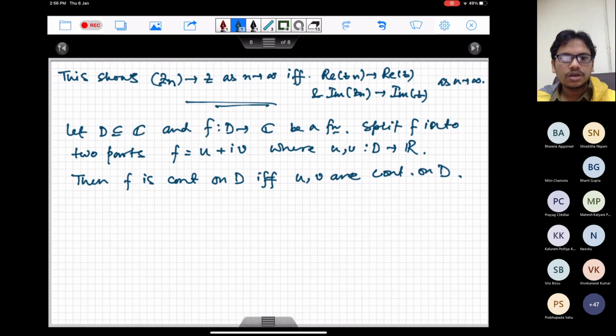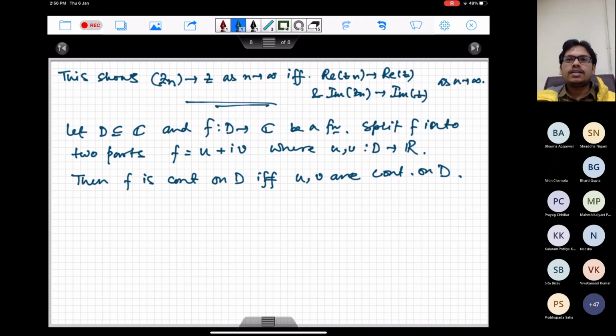Since the topology of C and R2 is the same, we understand what the open sets are. But in our analysis, exactly as I said, when we defined differentiability on R, we had taken open intervals and worked on that.